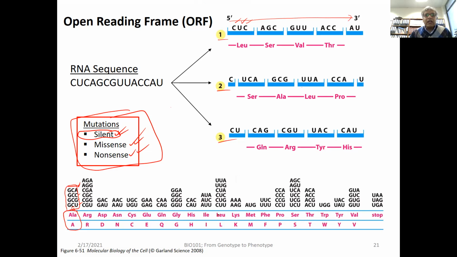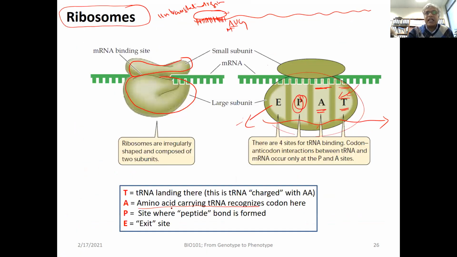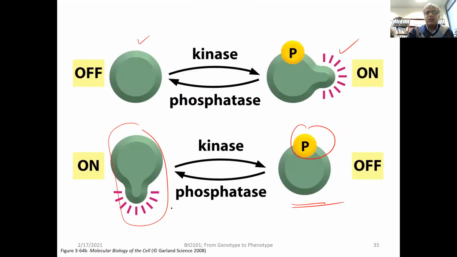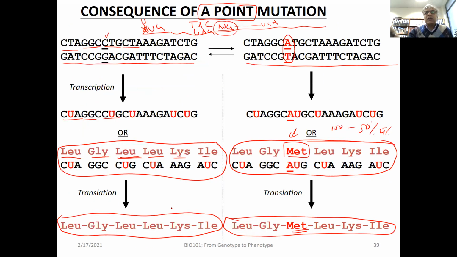GGU is going to encode glycine. So now the sense of amino acid is changed. Now the protein will have a different amino acid, just like we saw. We had leucine, but now after the change, methionine is there. So this is a missense mutation.